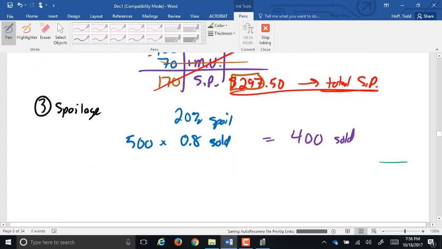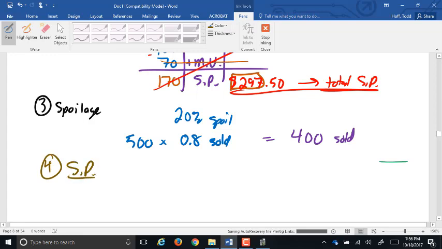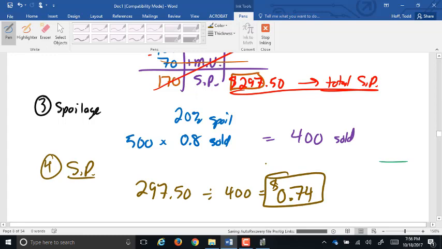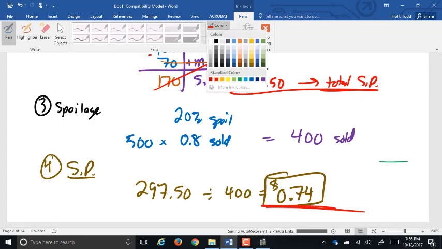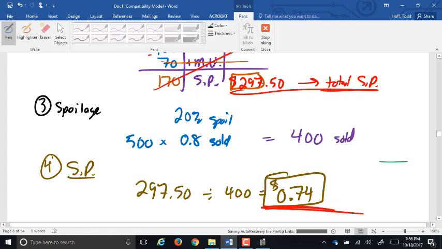And then get the individual selling price, $297.50 divided by 400, which is 74 cents. Any questions?